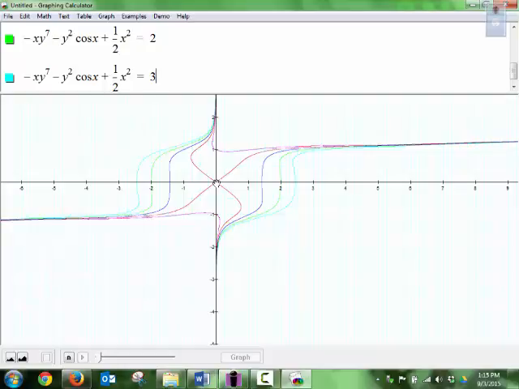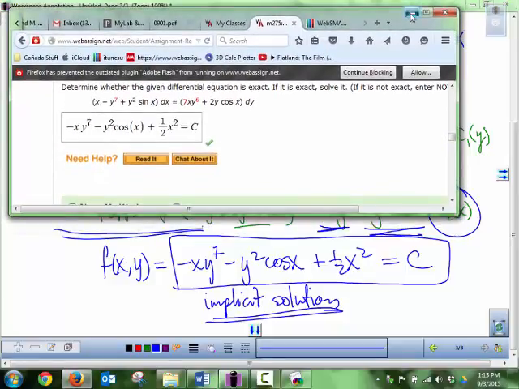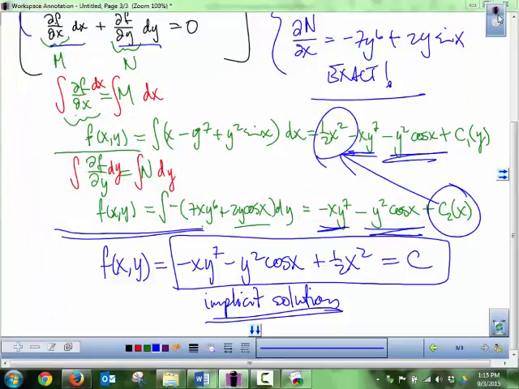I think I vaguely know how to do a slope field on this, but I'm not going to try right now. But if you looked at the slope field and see how the curves go, they would follow along the slope field. All right, that was nice. Any questions? So that's going to be your example for dealing with exact equations. And we're going to move on to the next section.